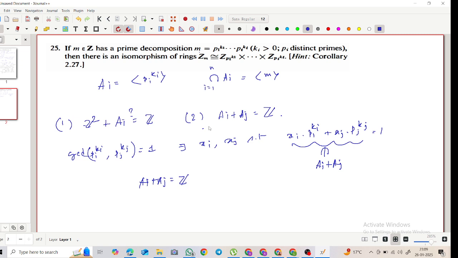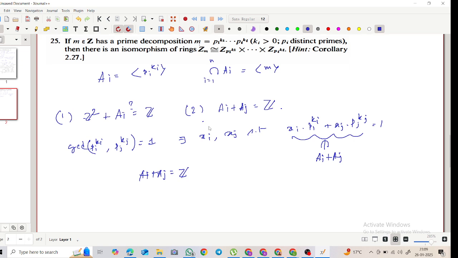So you can just take any element. So this is for 2, and for 1 you can just take, see, look at the trick I use.